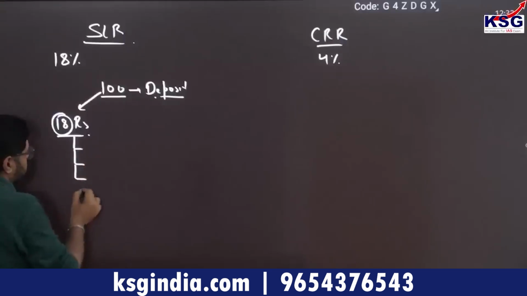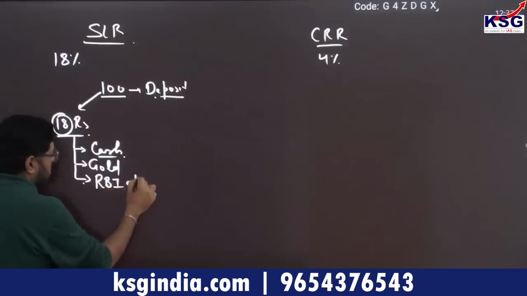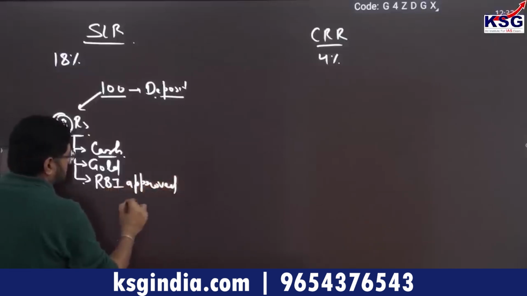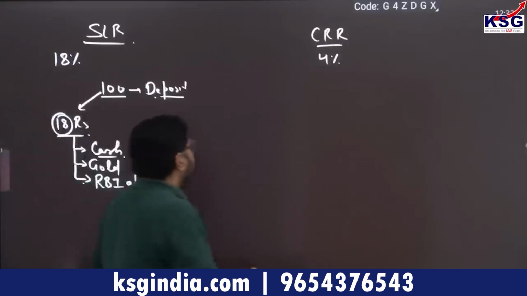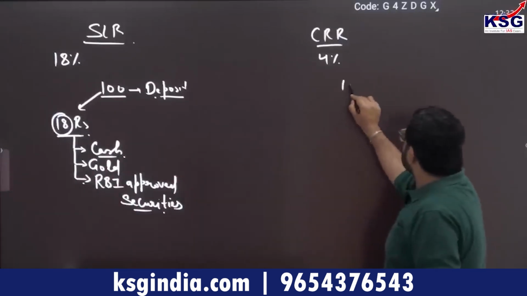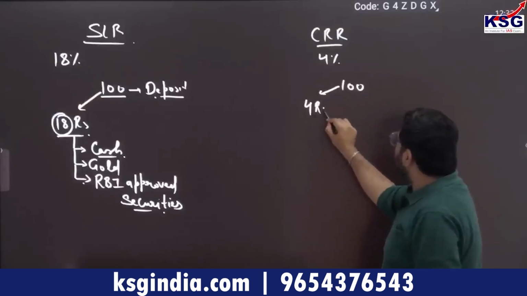This 18 rupees they maintain in three major forms: number one cash, number two gold, and number three RBI approved securities. Similarly, if the bank has 100 rupees and has to maintain CRR, it means 4 rupees they have to give to the RBI.